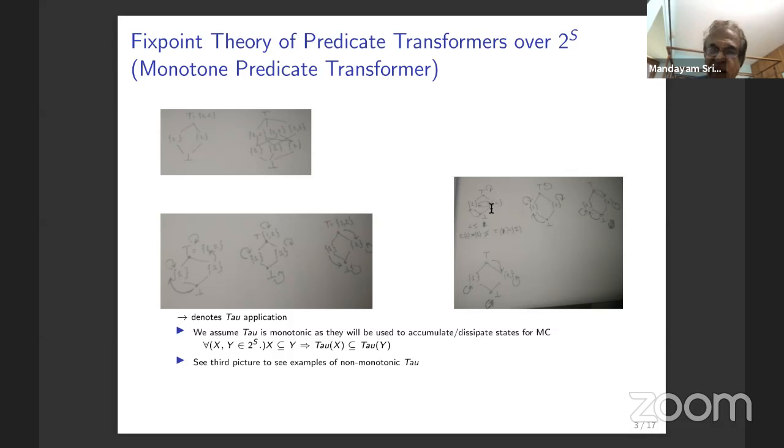Tau of the bottom is less than or equal to tau of 1, and tau of 2 goes here, however tau applied to bottom is not less than or equal to tau of 1, because 1 and 2 are incompatible.